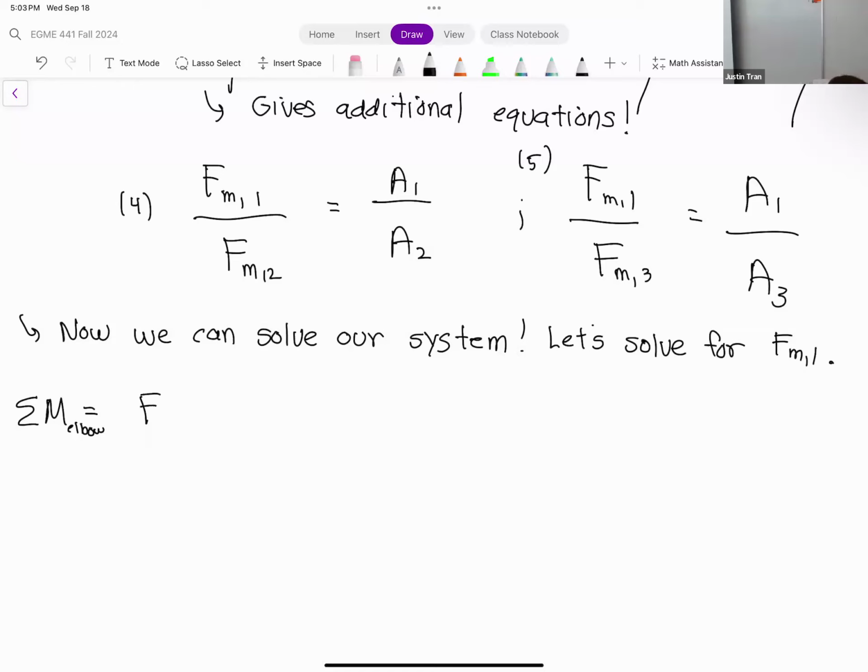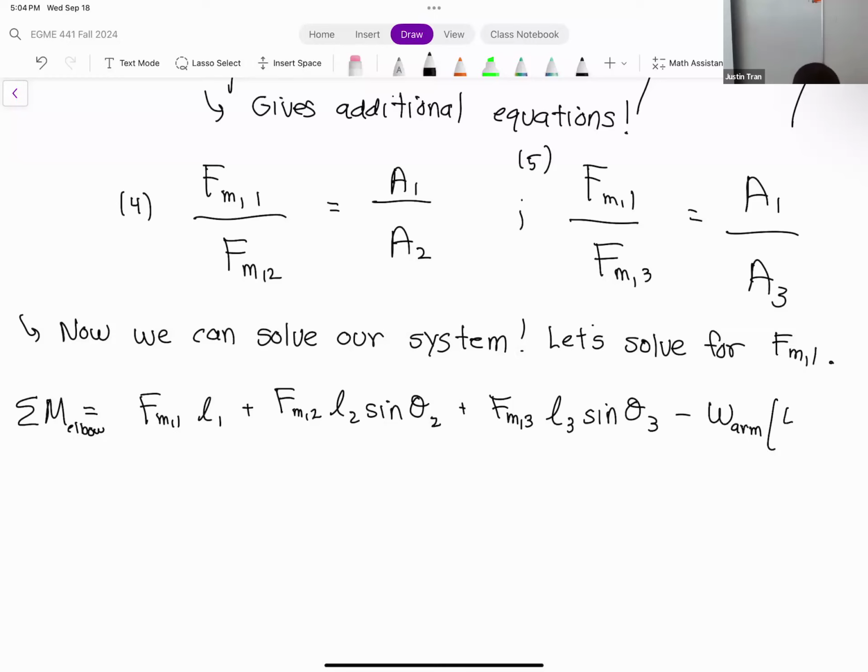We have FM1 L1 plus FM2 L2 sine of theta 2, minus W arm times L over 2 minus WL, all equal to 0.